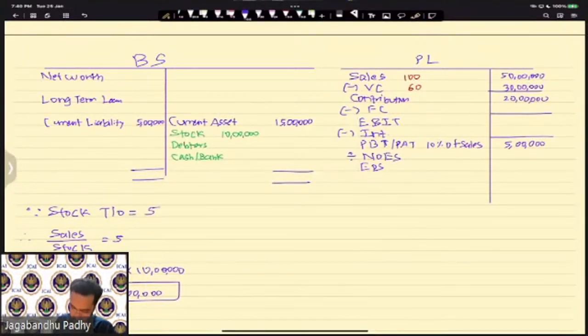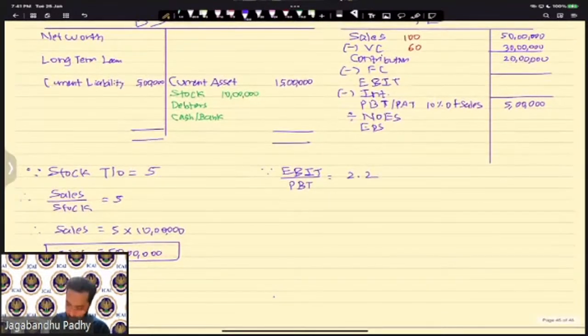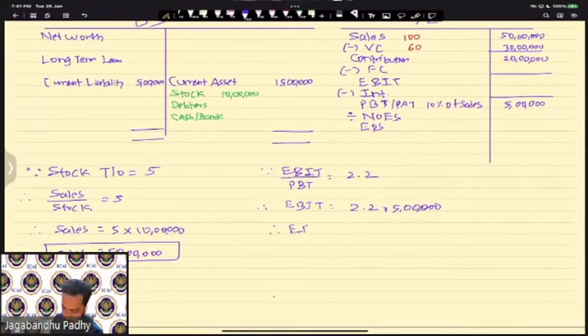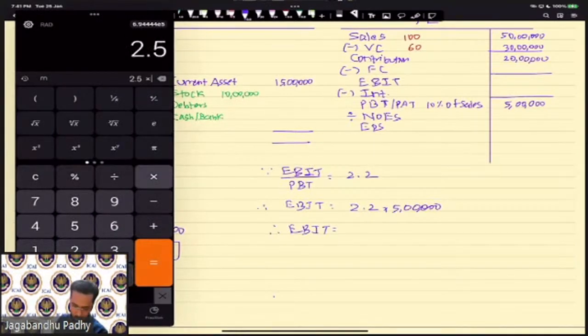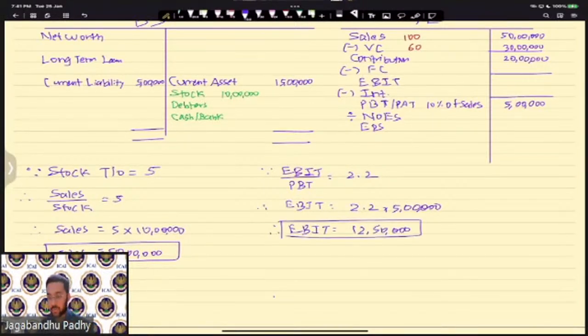Since EBIT upon profit before tax is 2.2, EBIT will be 2.2 times of 5 lakh, right? Because PBT is 5 lakh. So our earnings before interest and tax is 2.2 into 5 lakh, 12 lakh 50,000.